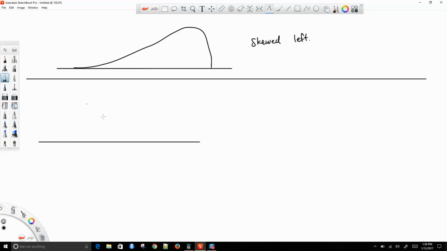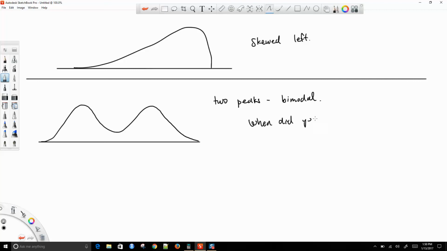So far, all of our distributions have been unimodal, meaning that they've had only one peak. You could have something with two peaks, and this would be bimodal. So perhaps we surveyed people who recently ate at Chipotle, and we said, when did you eat at Chipotle? You'd probably see a bimodal distribution.